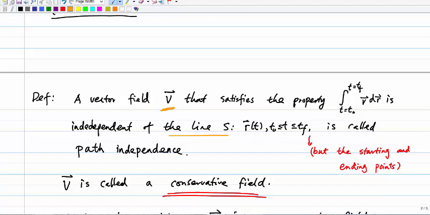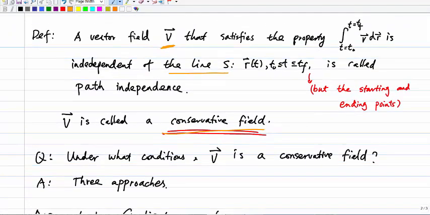So if the vector field satisfies the property that the line integral over that field doesn't depend on the line, only on the starting and ending point, that field is called a conservative field. What we are interested in is knowing what property can guarantee that a vector field is a conservative field.